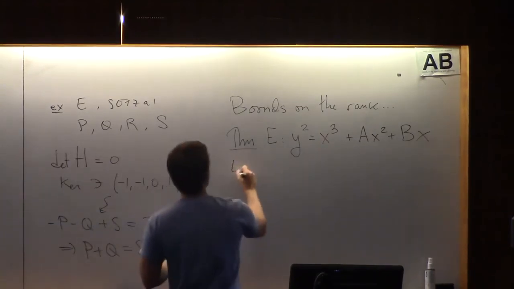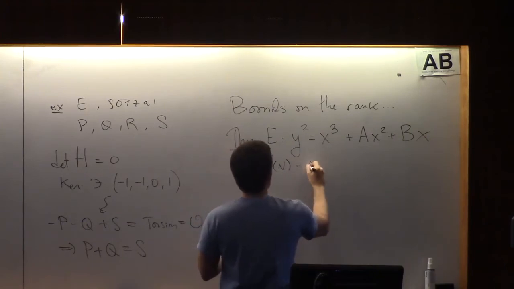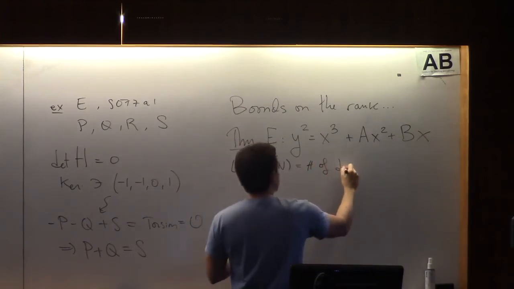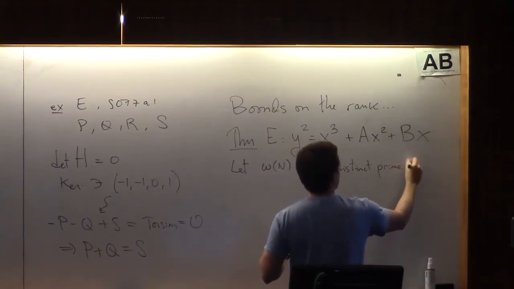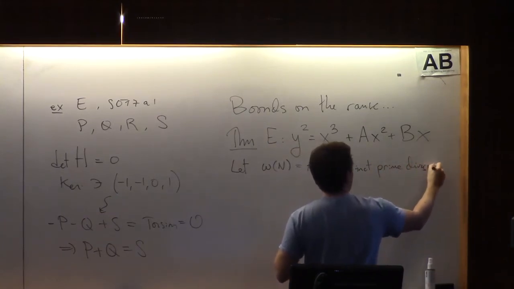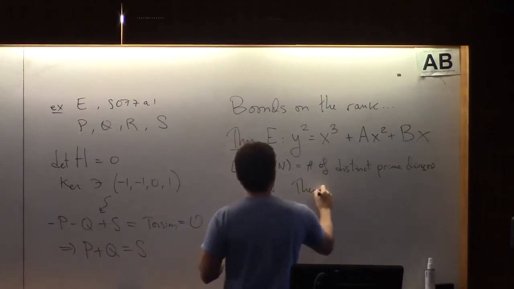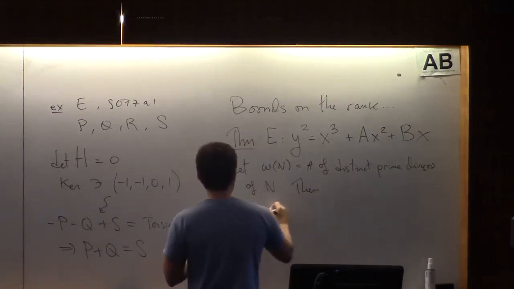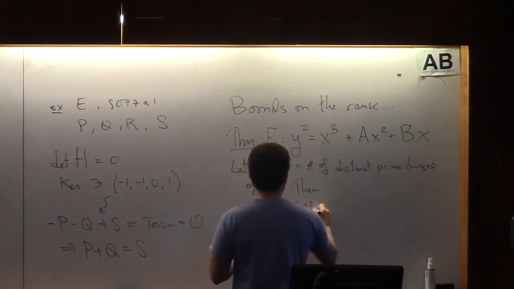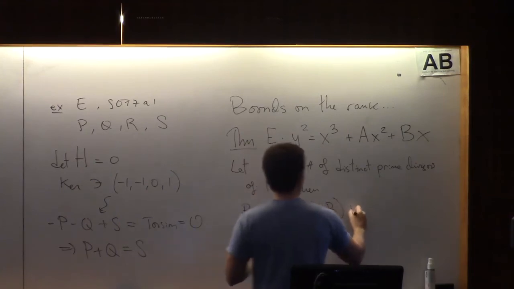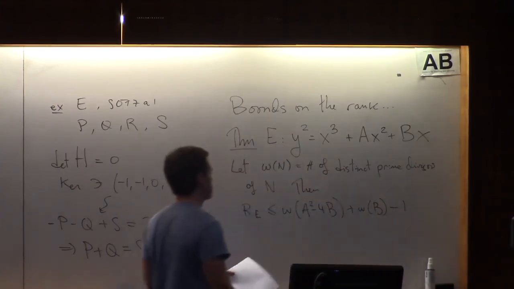And let little omega of n be the number of distinct prime divisors of n. Then the rank of the elliptic curve is always less or equal to little omega of a squared minus 4b plus little omega of b minus 1.